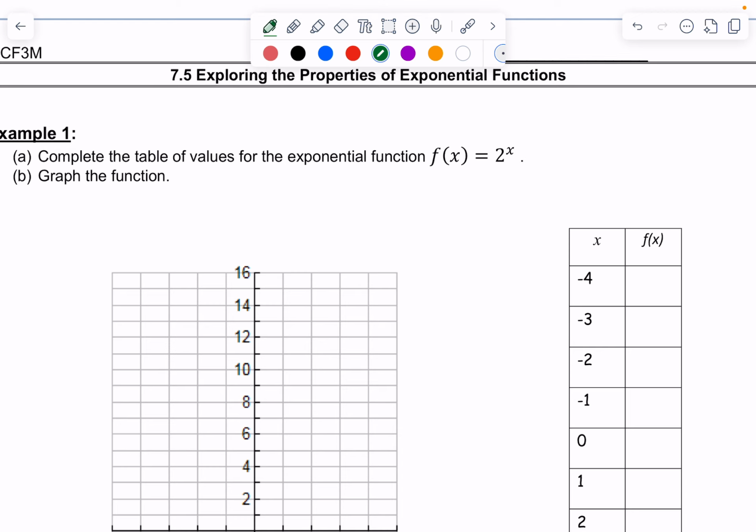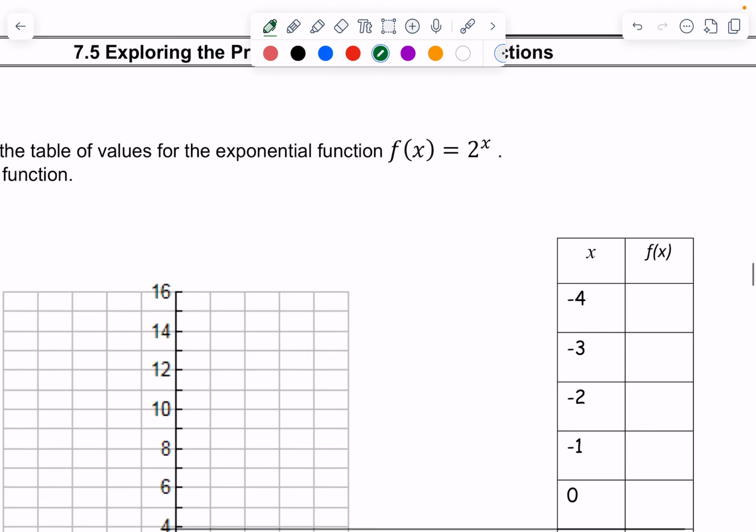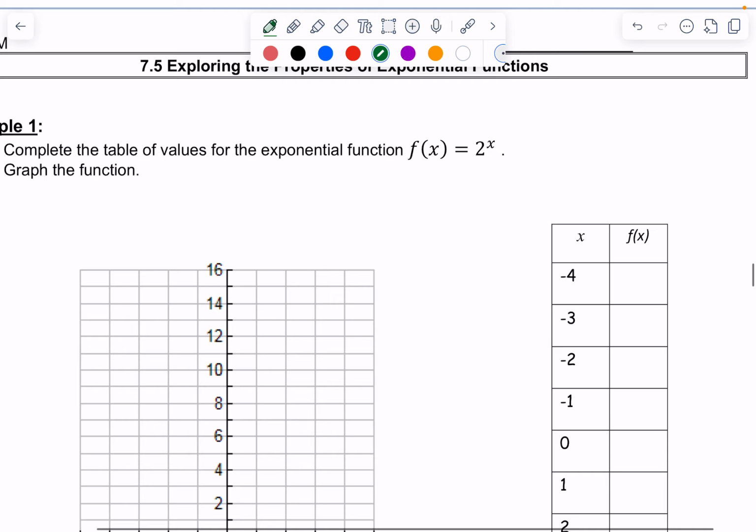As we start to put values in for this x, like any other function, you evaluate it and it gives you values of y, or the value of your function, f of x. And how does that graph look? What does it look like when we are taking 2 and putting it to the power of different values of x? Well, let's see.